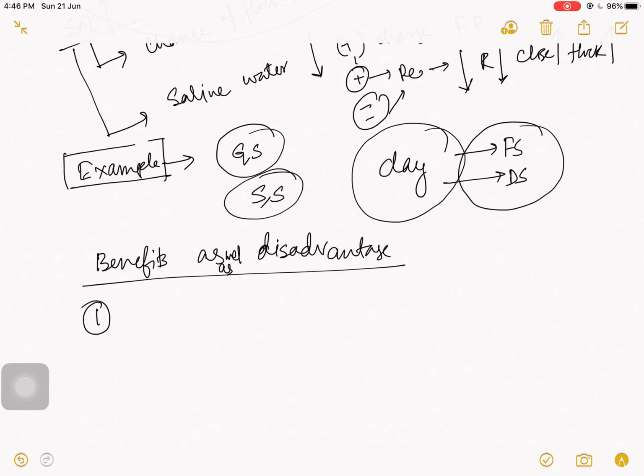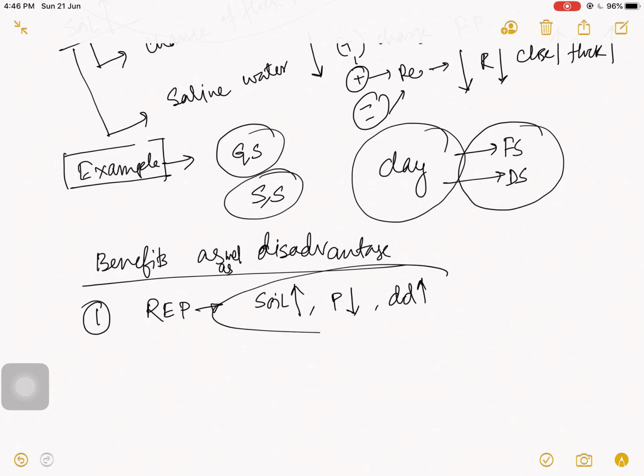Suppose you are a civil engineer working on a building project. If you are working on a real estate project, your aim is that the soil should be very dense, permeability less, dry density high.